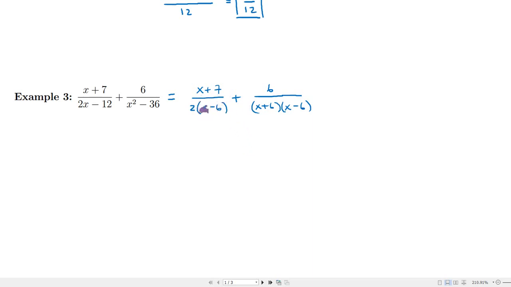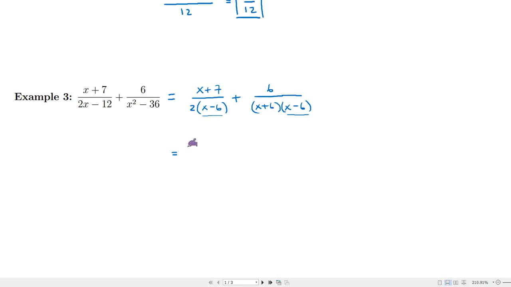Well, if you look at this fraction's denominator and this fraction's denominator, what do we have? Here we have a factor of 2 and x minus 6. And over here we have a factor of x plus 6 and x minus 6. So already they share something, right? They share this x minus 6. So we're not going to need to add that extra factor in since it's already common between those two.